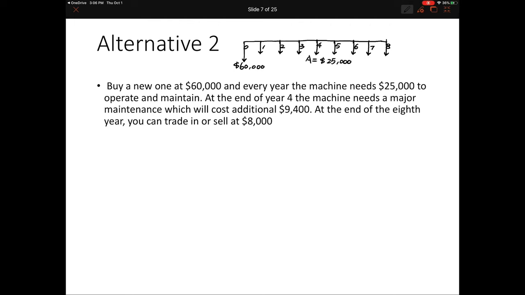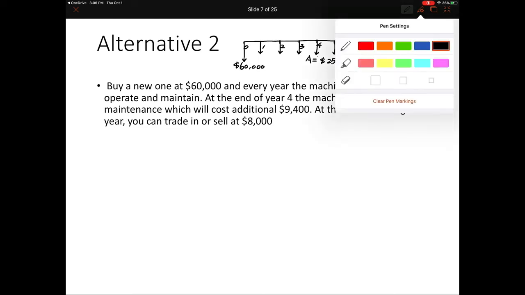And that annuity is 25,000. But at the end of the 4th year, you're gonna have a major maintenance at 9,400. So that's something additional to this 25,000.